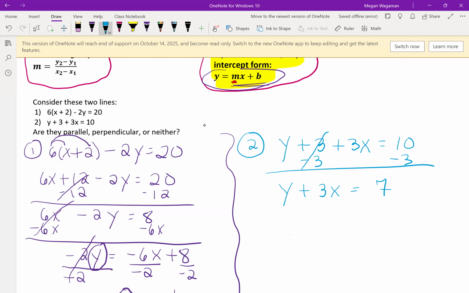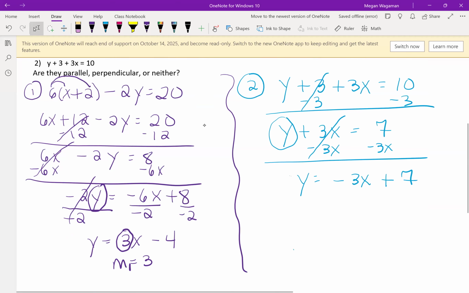I need to get the y completely by itself here, so I still have to take away these 3x's. So that's a 0, and I have y. Again, just to keep the order matching, I want my x term first: negative 3x plus 7. And here's my slope. This one has a slope of negative 3. I'm going to call this m2.